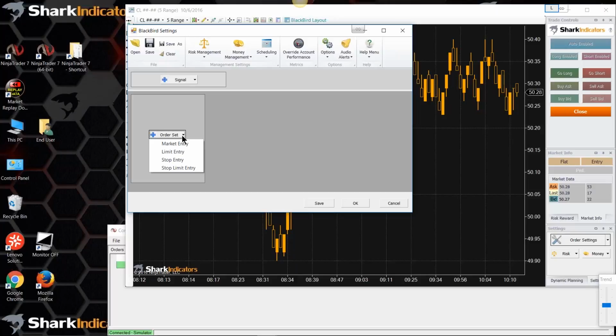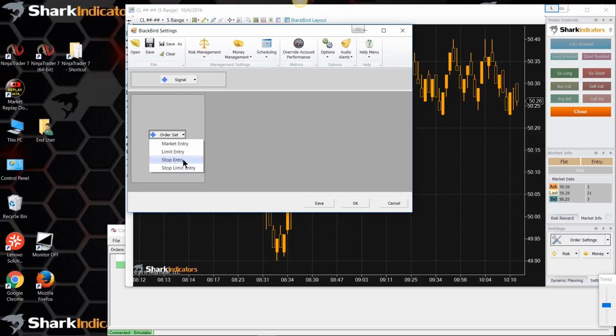One of the cool things we're going to add is a new order type. It's not a new order type, but an automated order type.